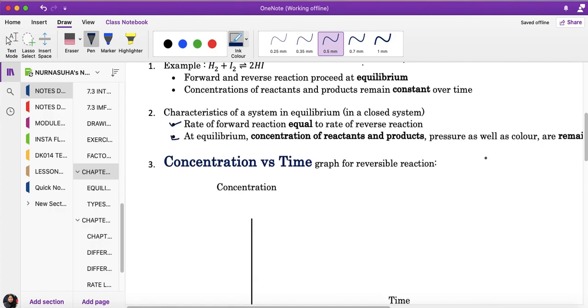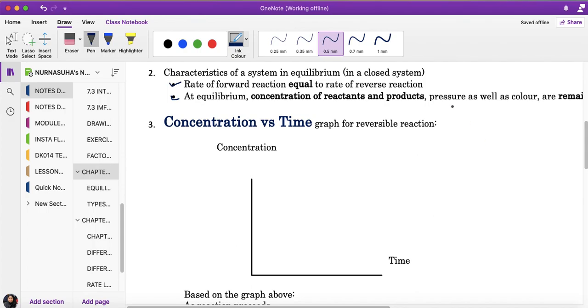Okay, so kita akan tengok dua jenis graph. The first graph is a graph of concentration versus time. So jangan lupa bila kita lukis graph, kena ada dia punya kepala lah. Concentration is at y-axis, time is at x-axis.